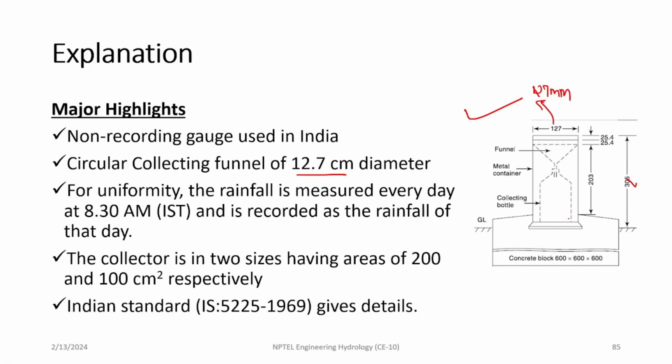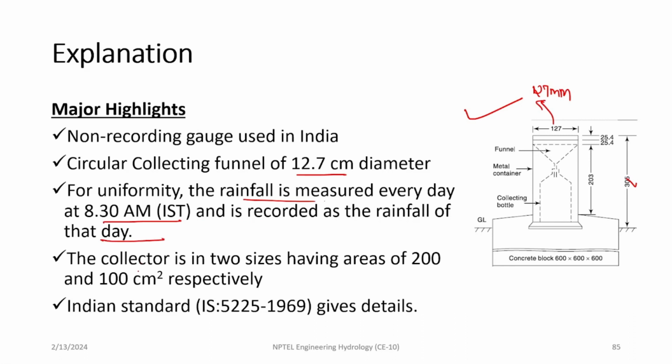So we will be putting this water and try to measure the cumulative value of rainfall occurred in the region. Okay, so you can see for your further information that this rainfall is measured every day at 8:30 am and is recorded as the rainfall of that day, like 24 hours.